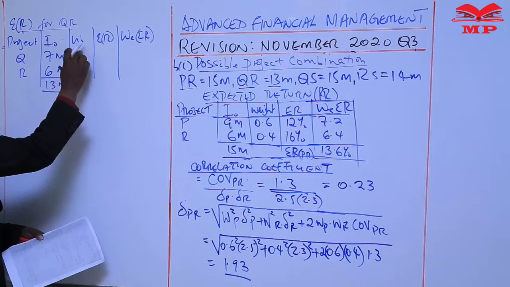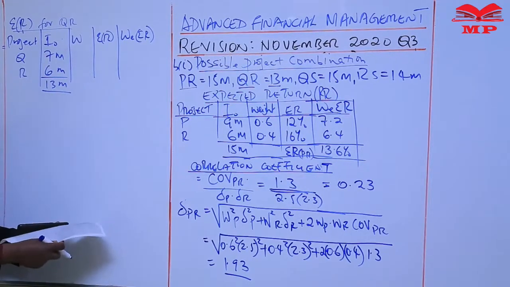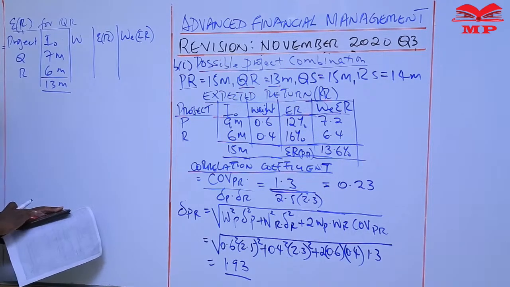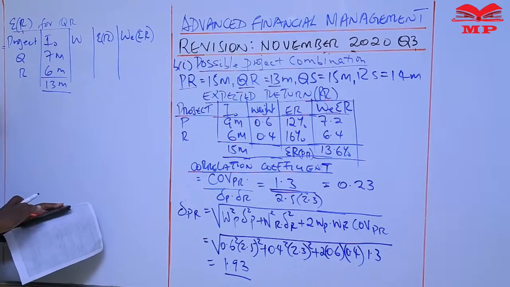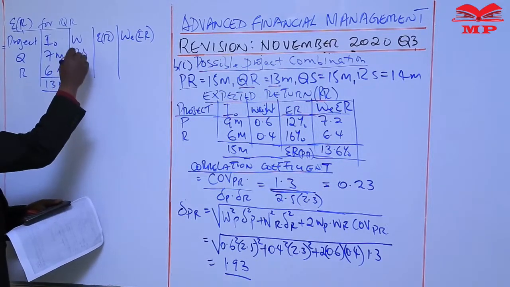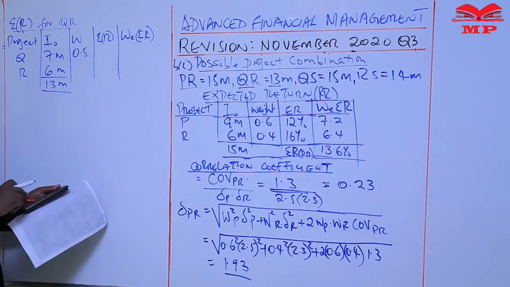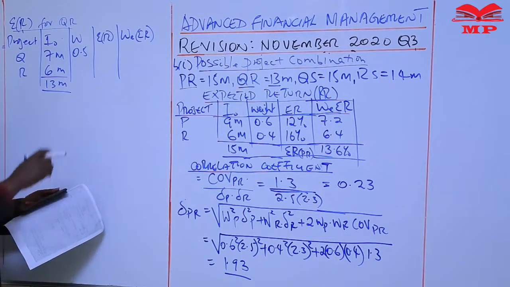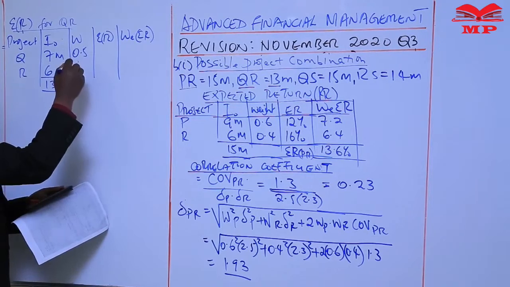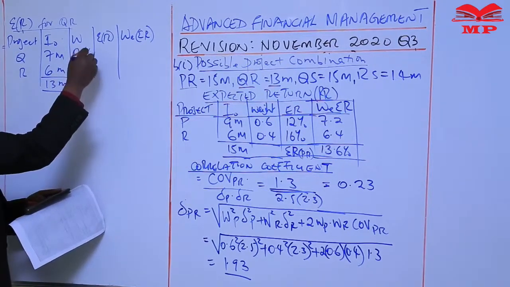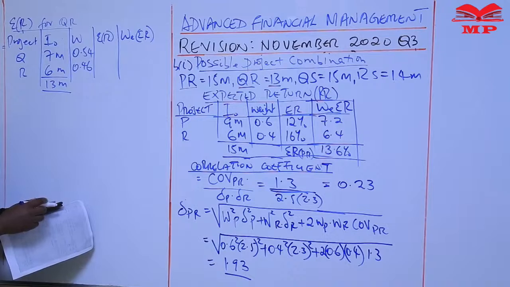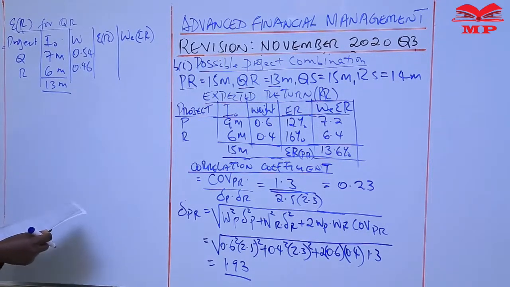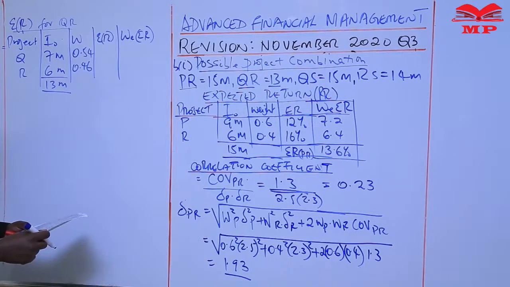So the weight will be 7 divided by 13, 0.54, then 6 divided by 13, 0.46.